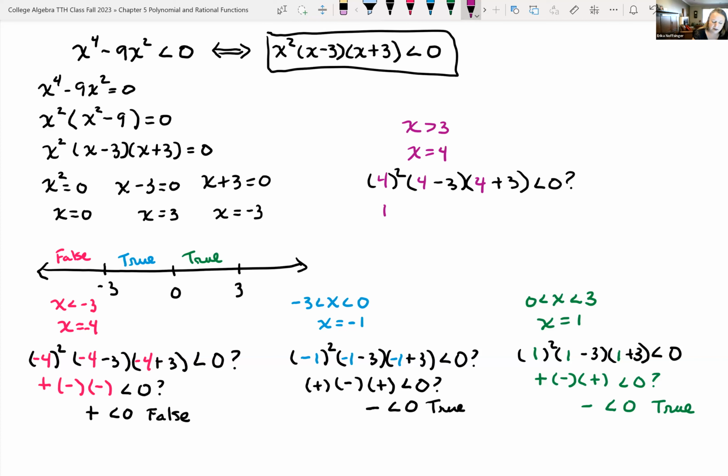So 4 squared is positive, times 4 minus 3, which is positive, times 4 plus 3, which is also a positive number. A positive times a positive times a positive less than 0? That's false. A positive number is not less than 0.